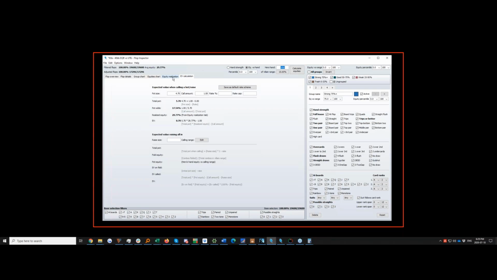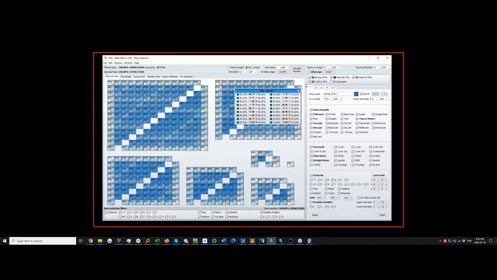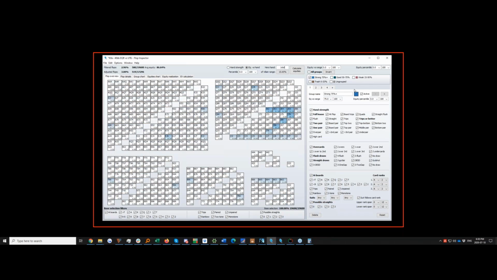But let's go back to equity realization. Here, let's remove a few of these categories. This helps us visualize things a bit better. With a hand like Jack 6, these are the flops where you flop a strong hand.